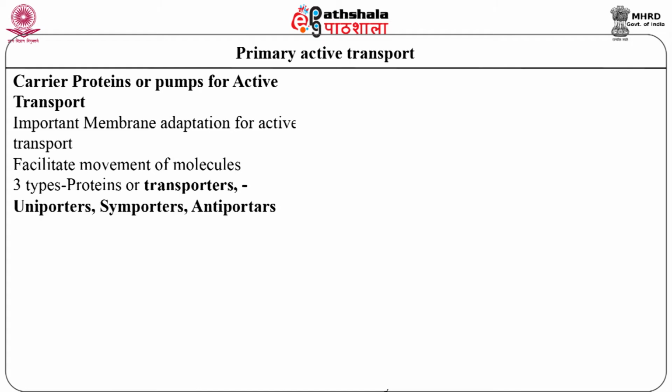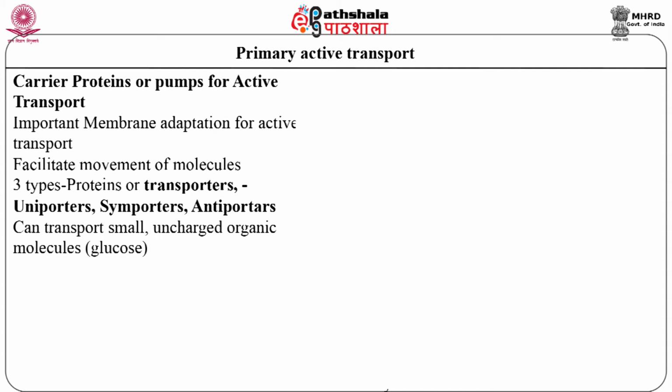Uniporters, which carry one specific ion or molecule at a time. Symporters, which carry two different ions or molecules at a time. Both the molecules move in the same direction. And antiporters, which also carry two different ions or molecules at a time but in different directions. All of these transporters can also transport small uncharged organic molecules like glucose.